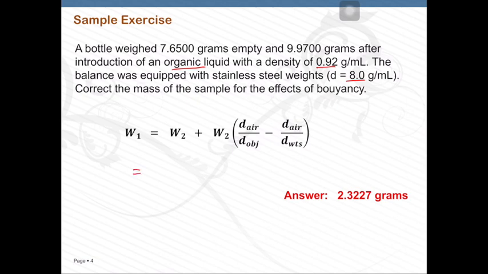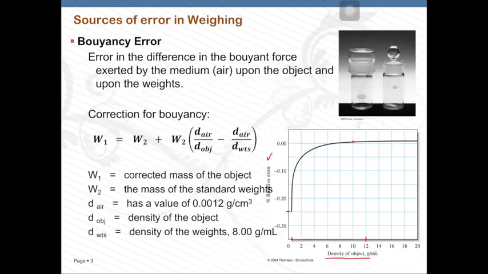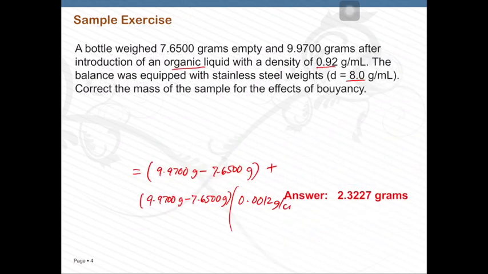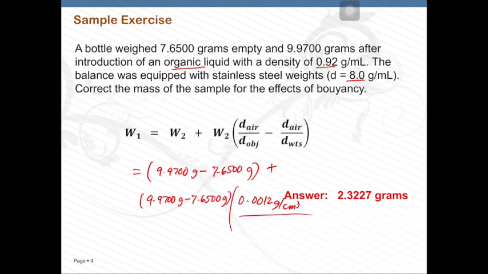W2 is actually the mass of your object, which can be calculated by just subtracting these two quantities, minus 7.6500 grams, then plus the same quantity, multiplied by the density of air, which is 0.0012 grams per cm cube, over the density of the object, which is 0.992 grams per ml. ml or cm cube is just the same, minus the density of air, which is 0.0012 grams per cm cube, over the density of the weights, which is 8.0 grams per cm cube.